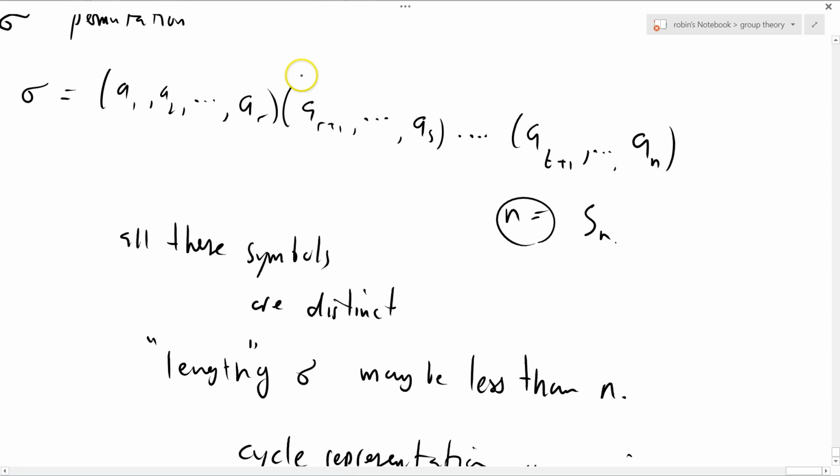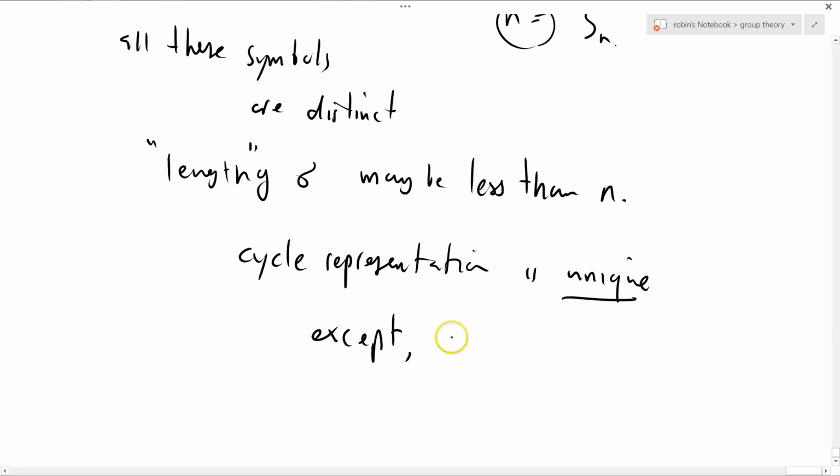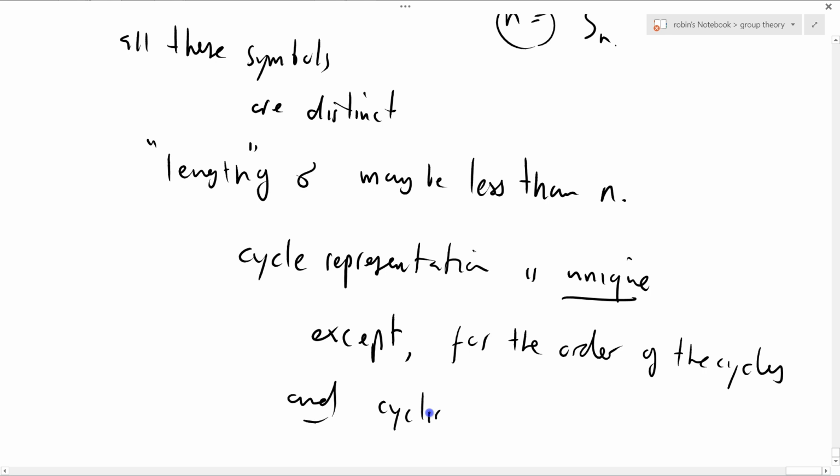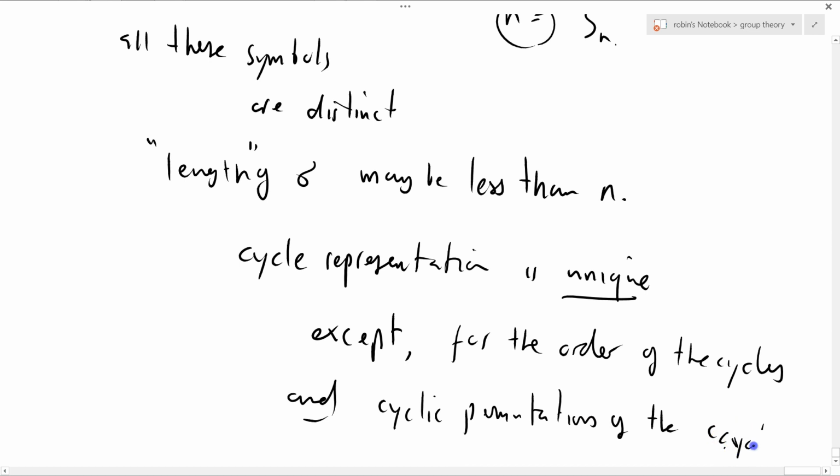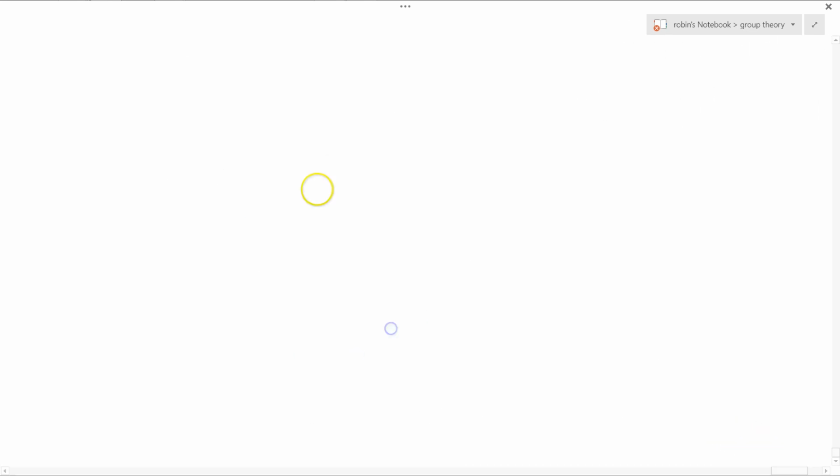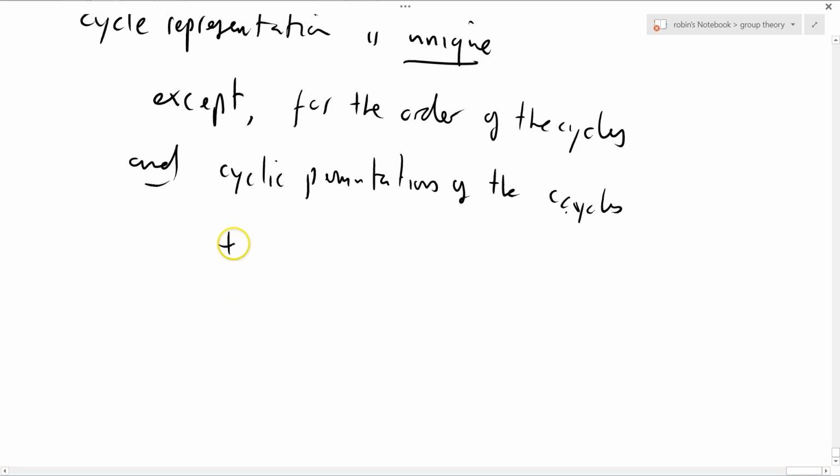You can write them in any order, except for the order of the cycles, and cyclic permutations of the cycles themselves.